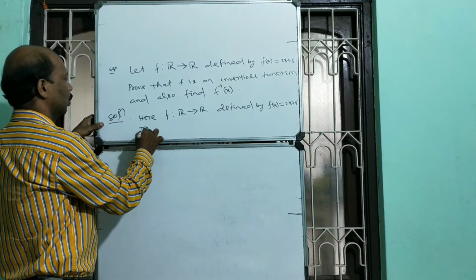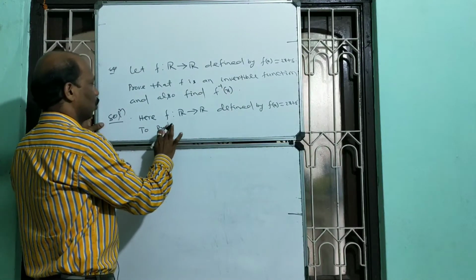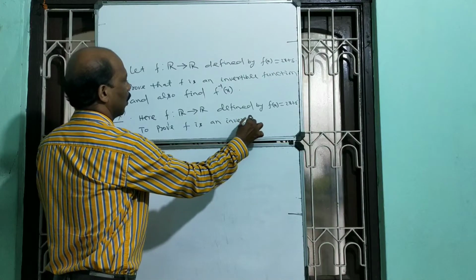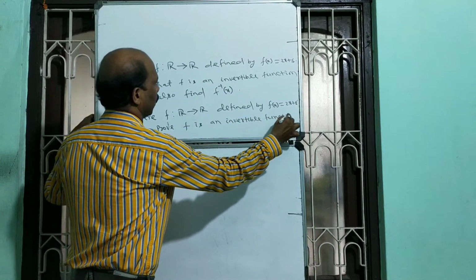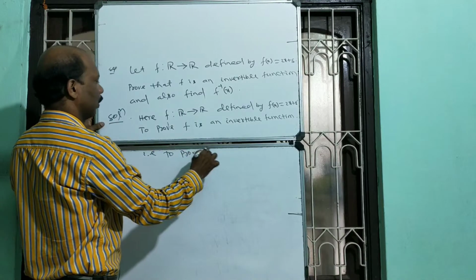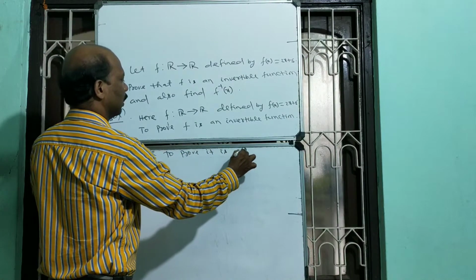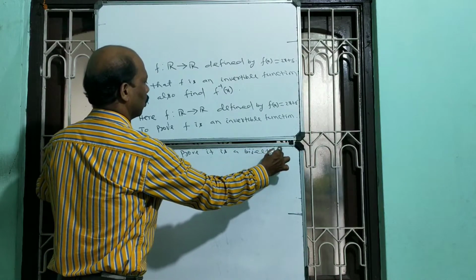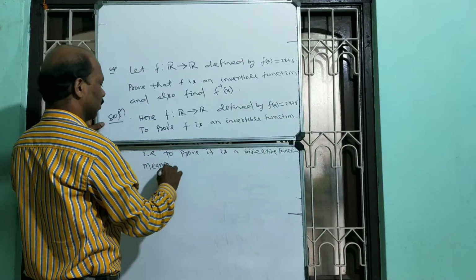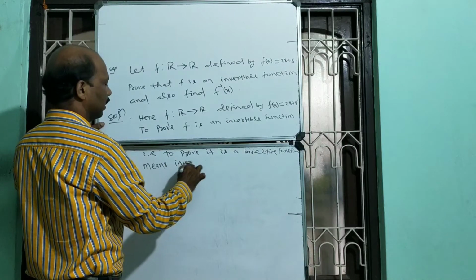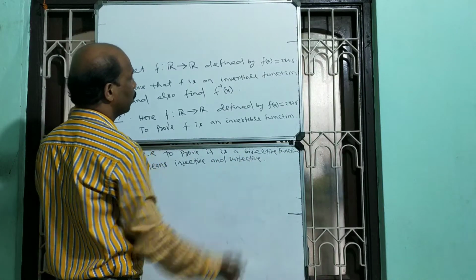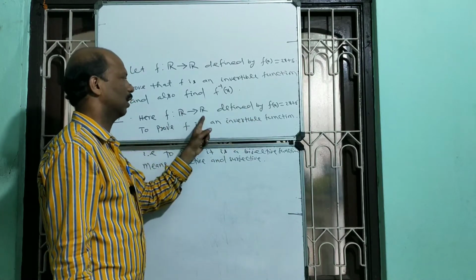To prove f is an invertible function, that is to prove it is a bijective function, meaning injective and surjective.